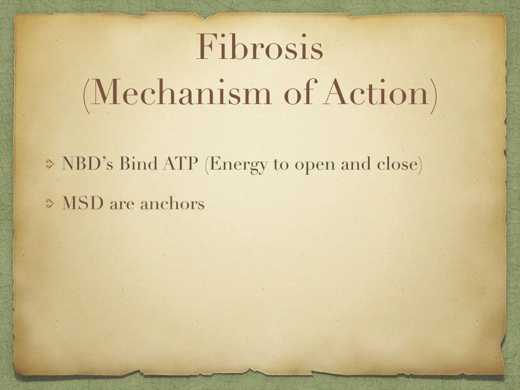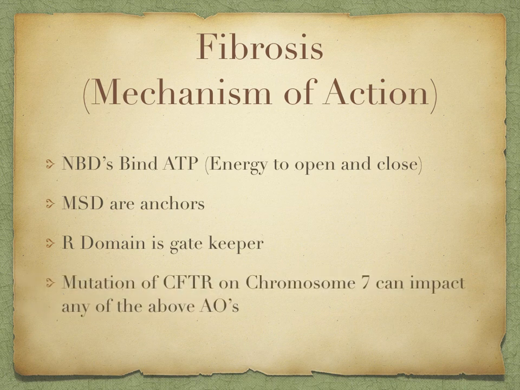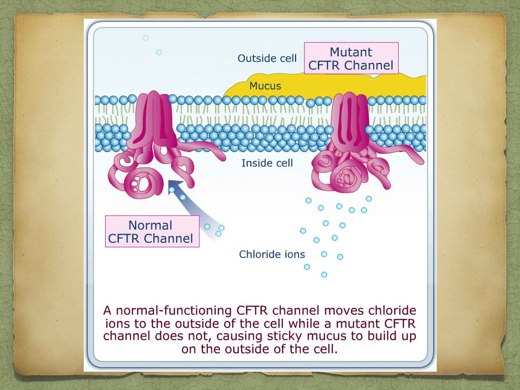The membrane spanning domains act as anchors, so they keep everything in place, right on the surface of the cell. The R domain is sort of like the gatekeeper, controlling the flow and making sure everything is moving in and out slowly. When you have a mutation of the CFTR on chromosome 7, this impacts all of these areas of operation.